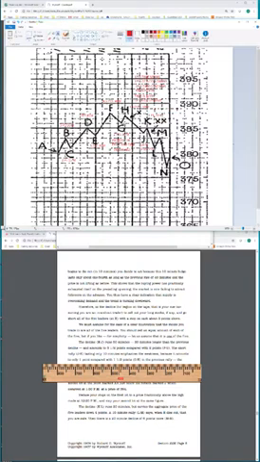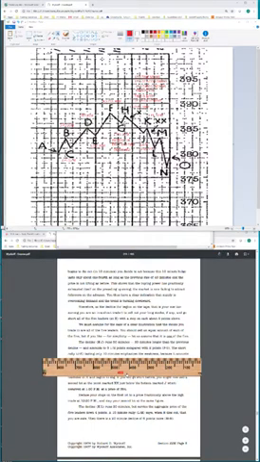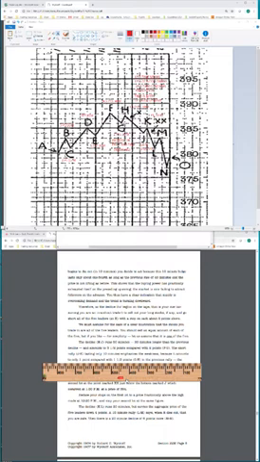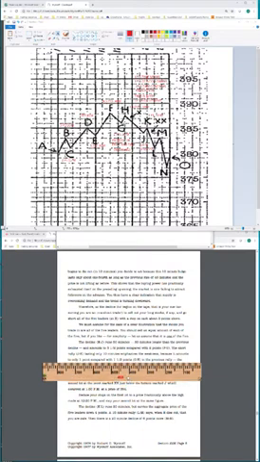It means it's less price and less time. It's the smallest so far. Less price, same amount of time, but less price.